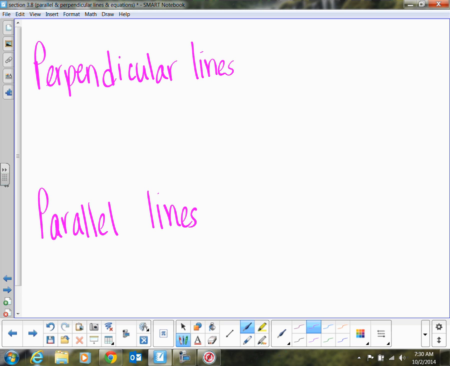In the middle box, what are perpendicular lines? They are lines that form what?